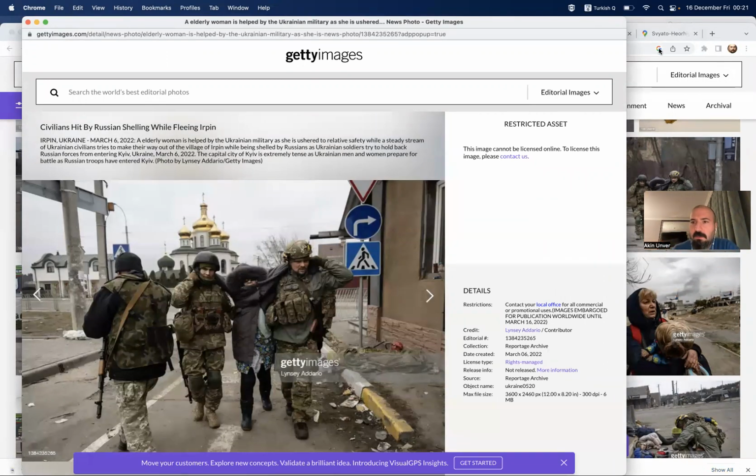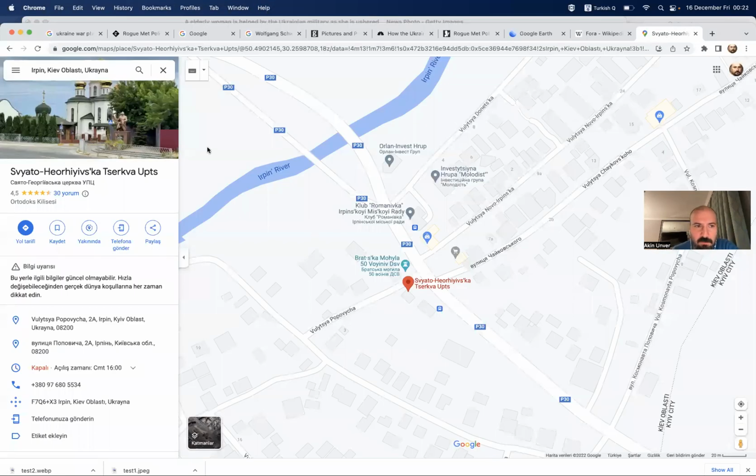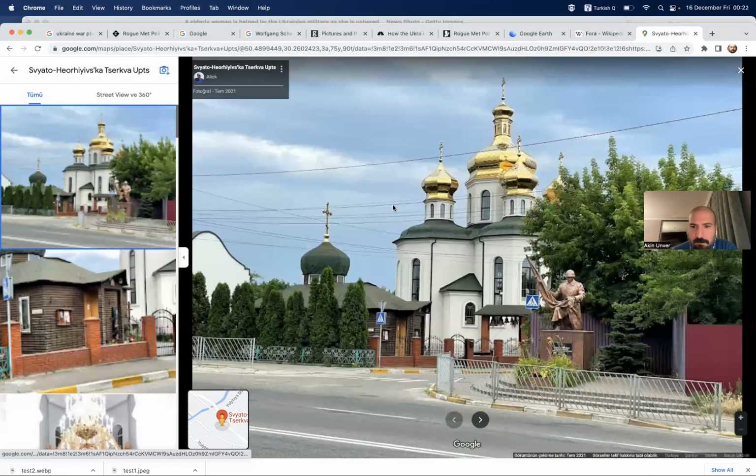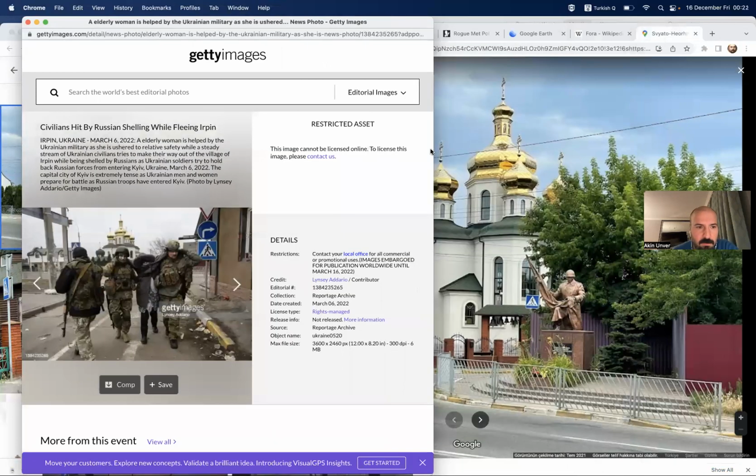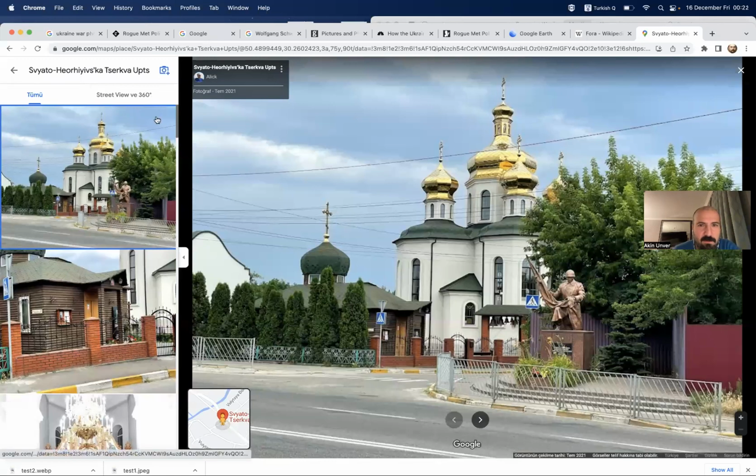So remember the Svyato church? So essentially it is the same church. This one and this one. It means that we now are very sure that this image is from Irpin.